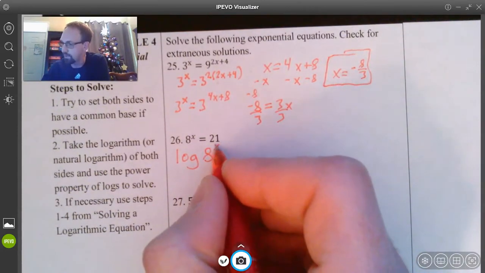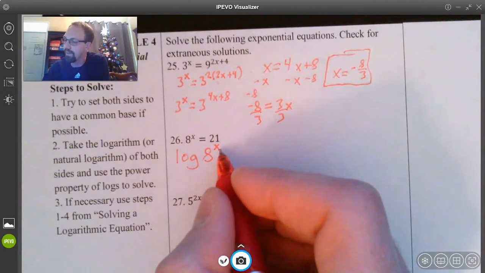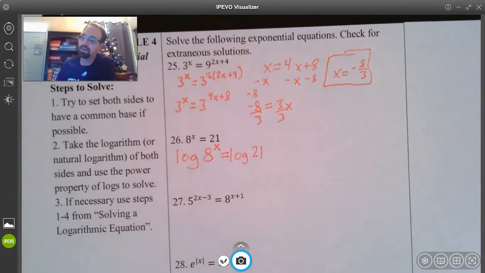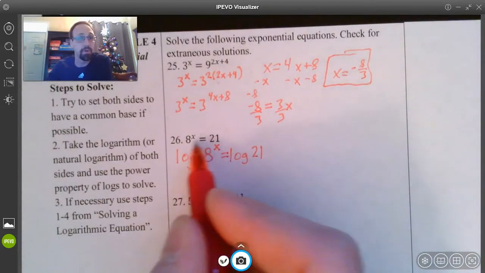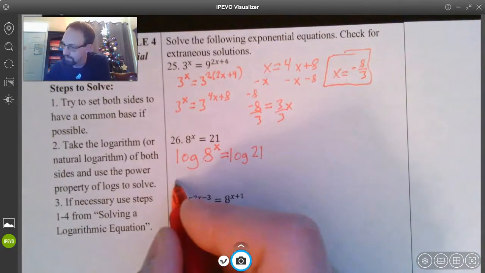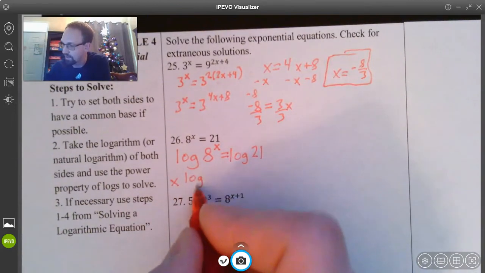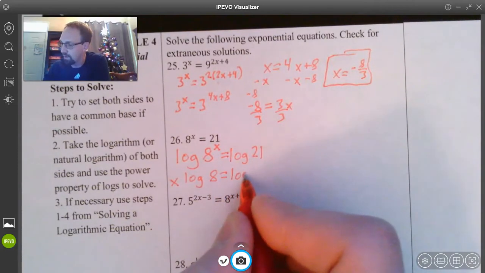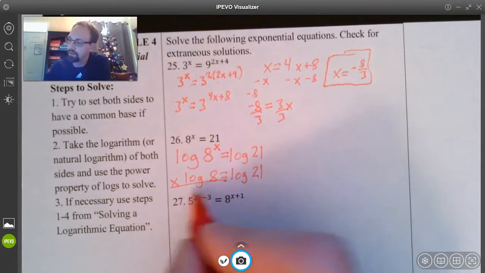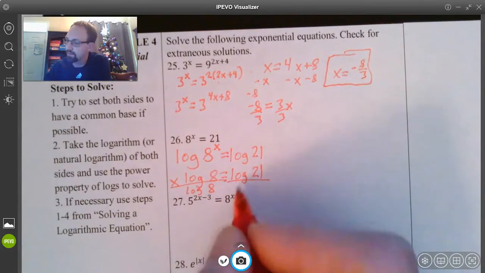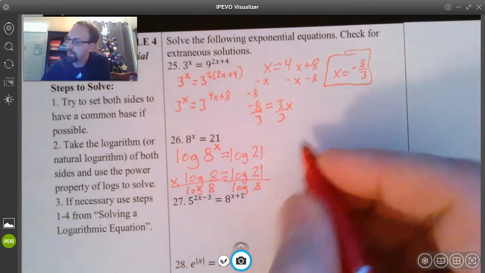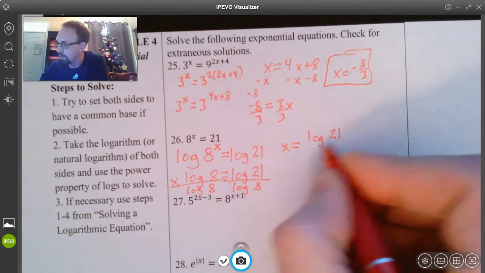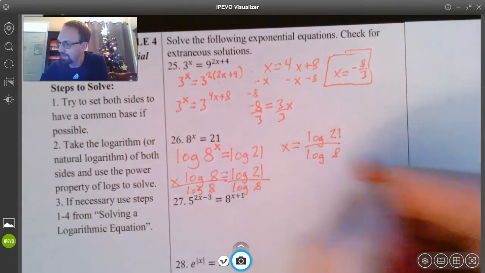We'll talk about a different way to approach this shortly, of 8 to the x equals log base 10 of 21. And now I can pull x out in front. So this is x times log, again using my power property, x times log 8 equals log of 21. Then you can divide by log of 8 on both sides. So you get x equals log of 21 over log of 8.